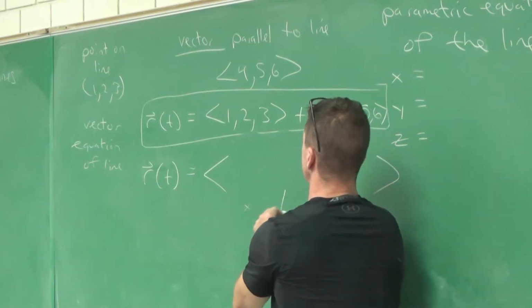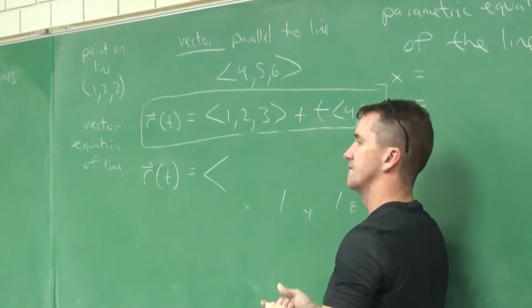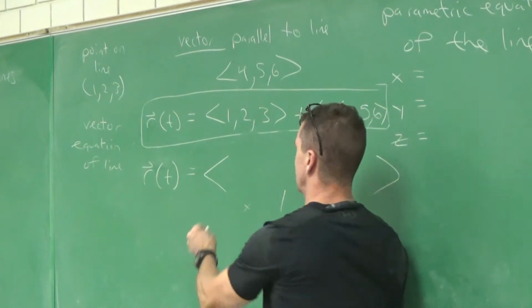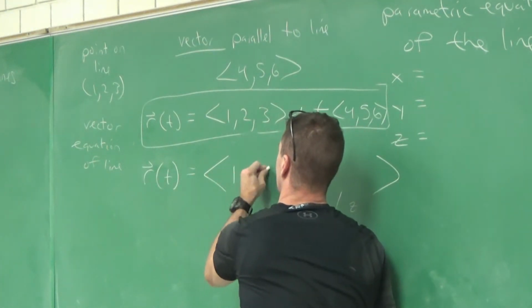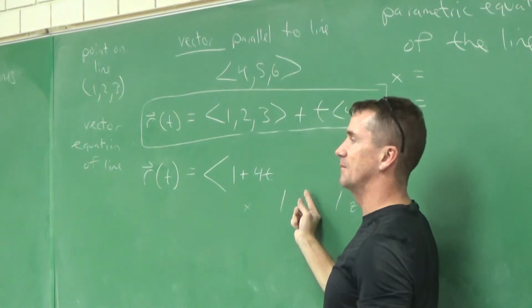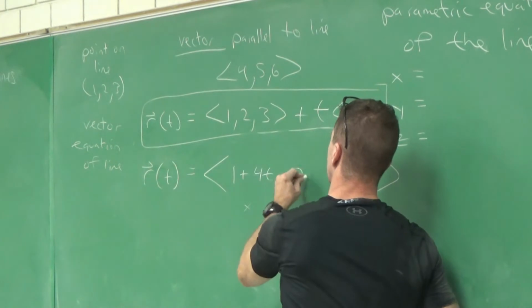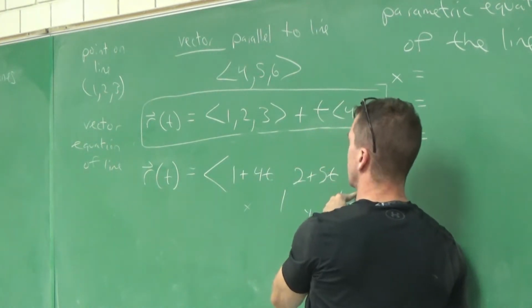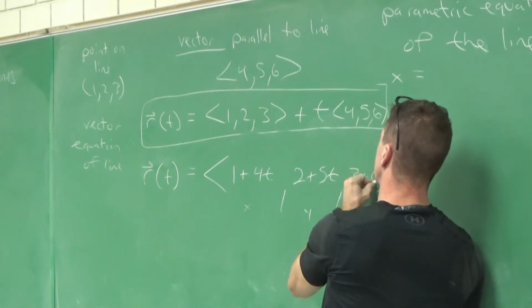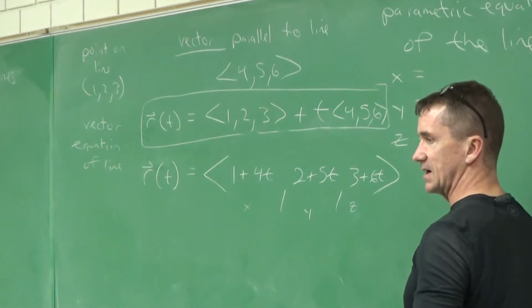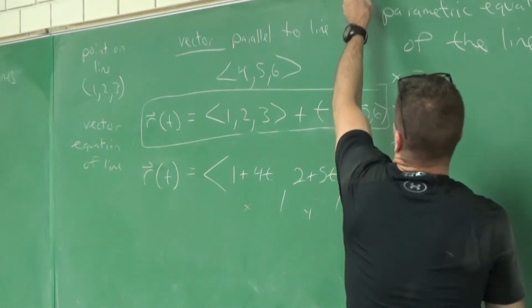See, this is x, this is y, this is z. 1 plus 4t, or 4t plus 1. What's in this y component? 2 plus 5t. And the third component? 3 plus 6t. And that's the vector equation of the line. But I'm going to come back to this.